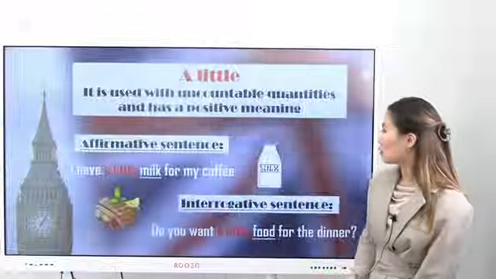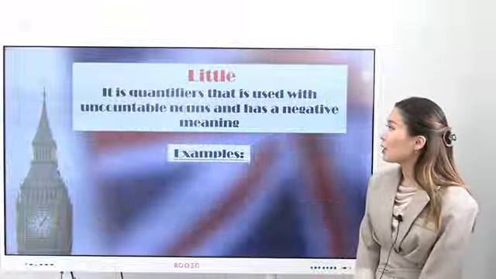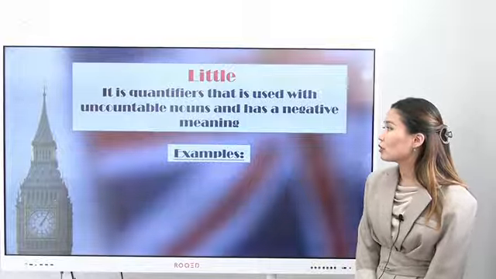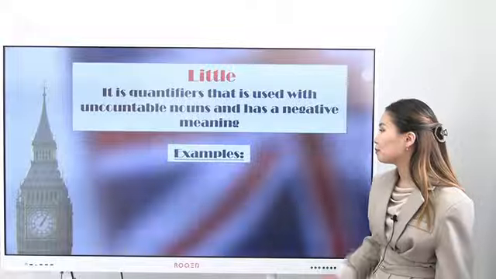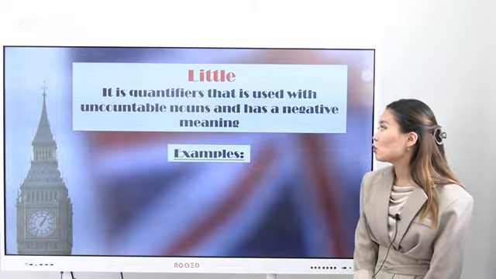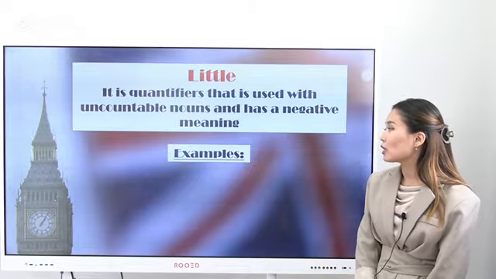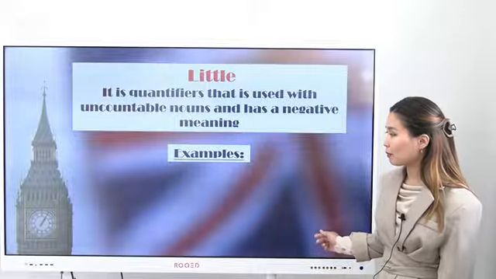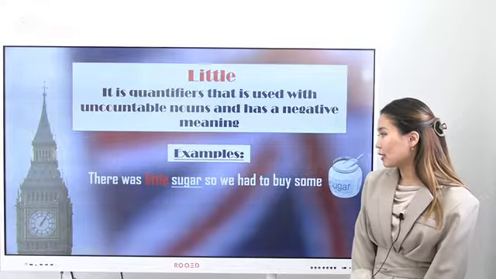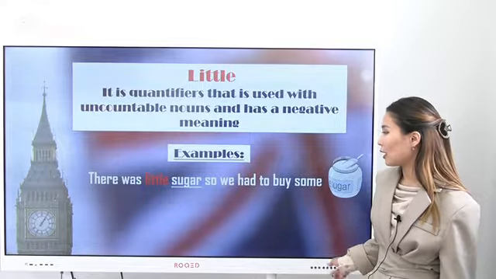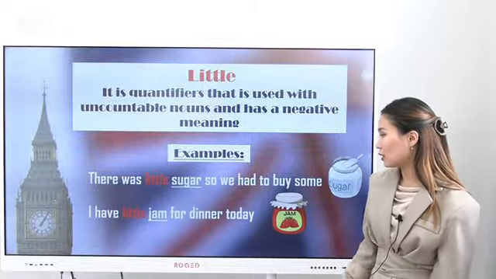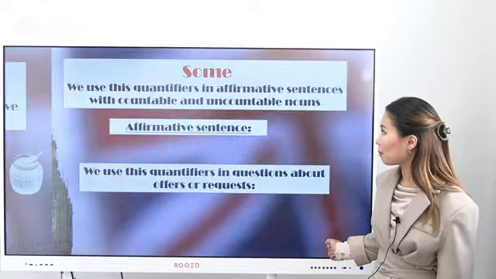Next quantifier, little. It is a quantifier that is used with uncountable nouns and has a negative meaning. Examples. There was little sugar, so we had to buy some. I have little jam for dinner today.